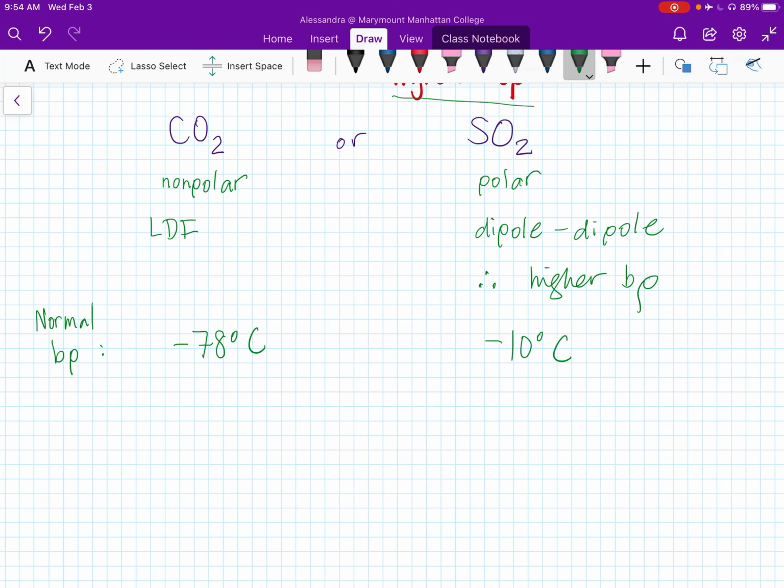But as you can see, carbon dioxide's boiling point is much lower than sulfur dioxide's boiling point. So the prediction bears truth. That polar molecule, sulfur dioxide, has a higher boiling point because of the strength of its intermolecular forces. So looking at the polarity of different compounds will help you predict their relative differences in their boiling points.